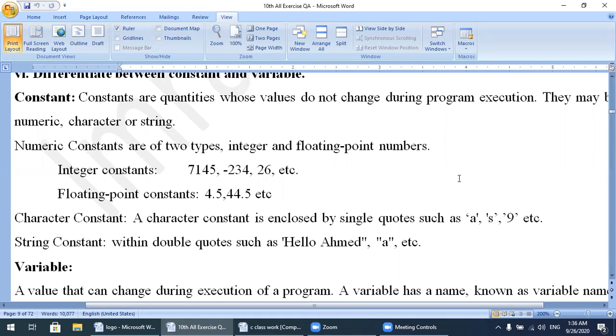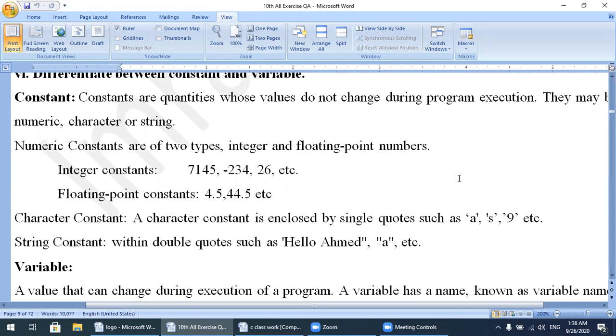Simply, I can say that a value which doesn't have any decimal point is known as an integer constant. For example, 7.145 is not an integer constant because a point exists.